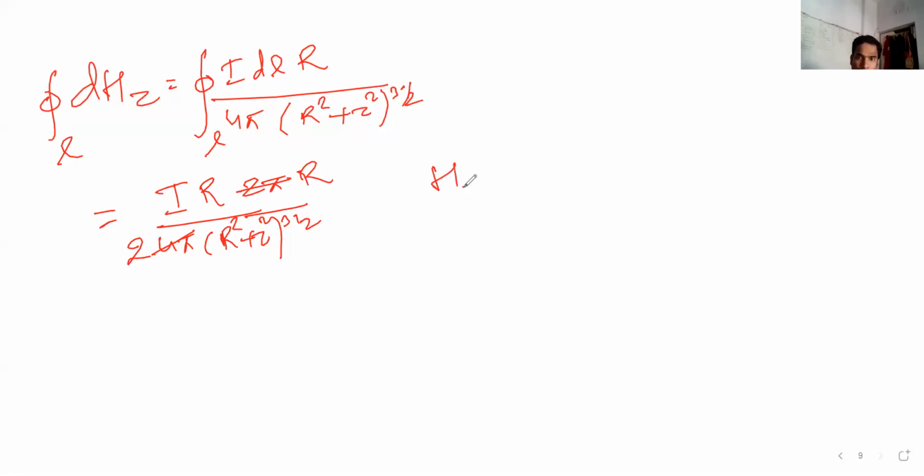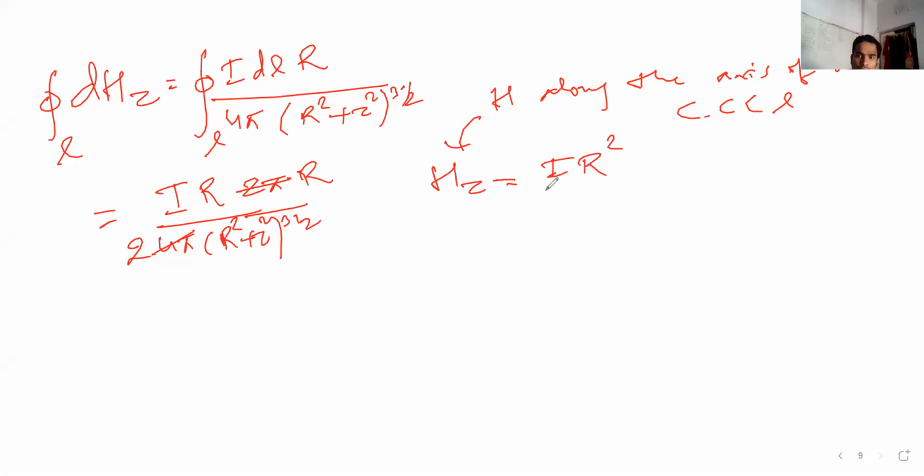So my Hz, this is H along the axis of a current carrying circular loop. Okay, so Hz, what I will get is I r square upon 2 times r square plus z square raised to 3 by 2.